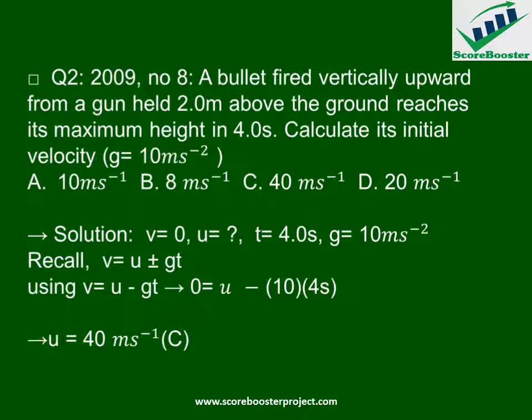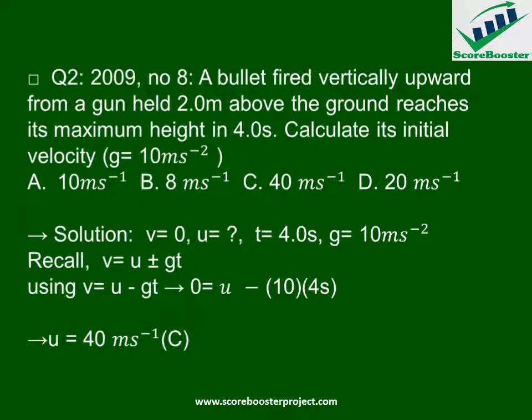Therefore, our v in this case, which is final velocity, will be 0. So our initial velocity u is what they ask us to find. Then you are given the time to reach maximum height, that is small t, to be 4.0 seconds, and the acceleration due to gravity g to be 10 meter per second square.